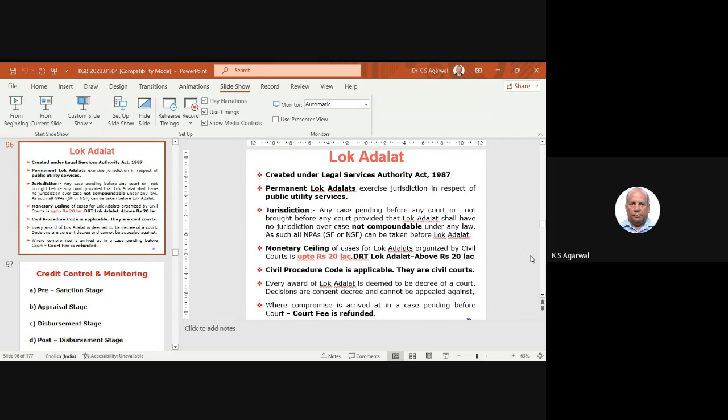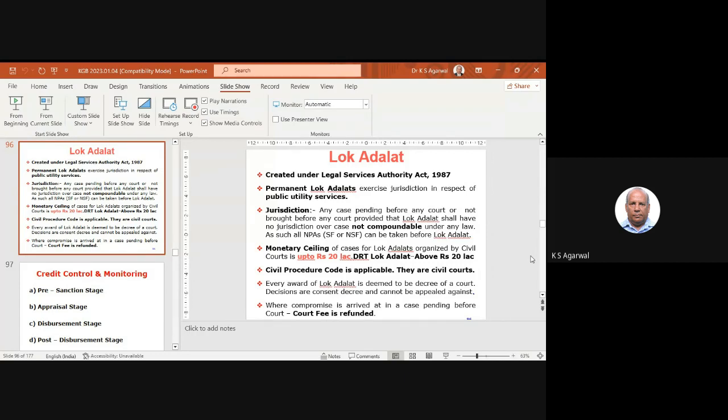But if someone says electricity Lok Adalats are also there, someone has committed theft of electricity, then this offense is non-compoundable. Such a non-compoundable offense cannot be taken to Lok Adalat. That is the purpose. In bank, every borrower account is compoundable. You pay the money and everything gets settled.